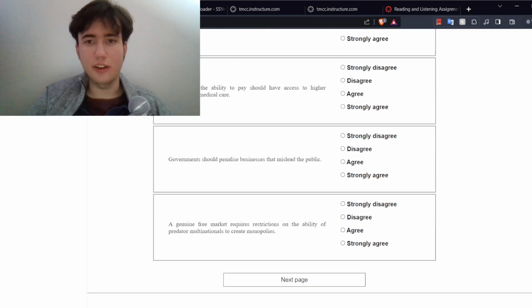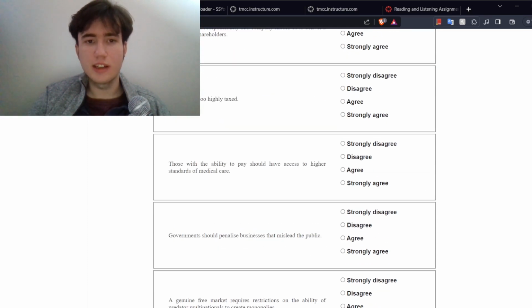It doesn't tell you, so it's very strange. It's almost like it's saying that the right-wing opinion is perpetually that the rich are too highly taxed. The right will never agree that the rich are adequately taxed, you know?